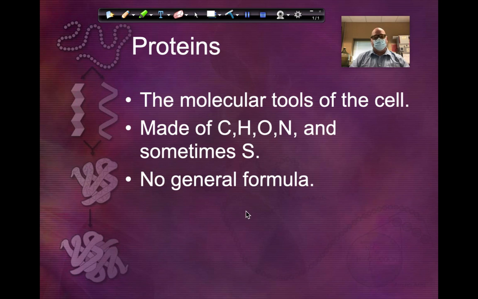So we'll look at that. So they're tools. They do a big list of jobs we're going to look at here in a second. They contain pretty much all the major elements that we talk about in life. Sulfur is kind of the unique one.